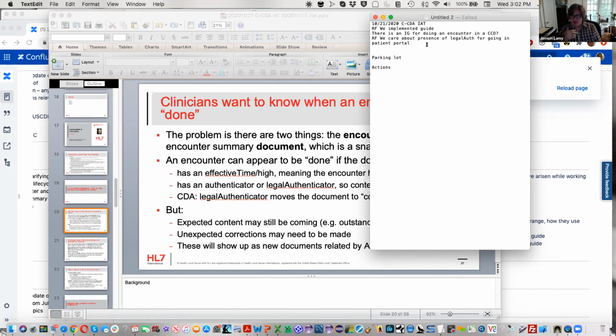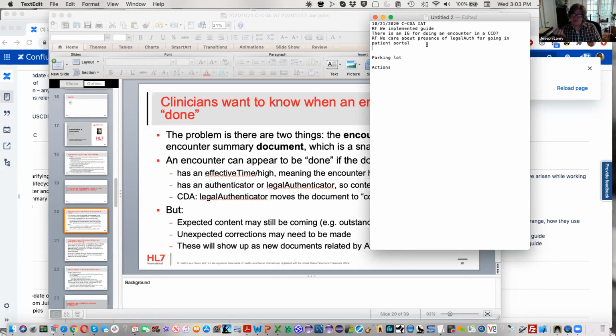Whereas when we discussed it in a treatment sense, not only did they reject the idea of that being a low bar, but they even rejected the idea that an encounter had to be done to be exchanged for treatment. In other words, there could be some cases where you could exchange an in-progress encounter because it's useful for treatment.